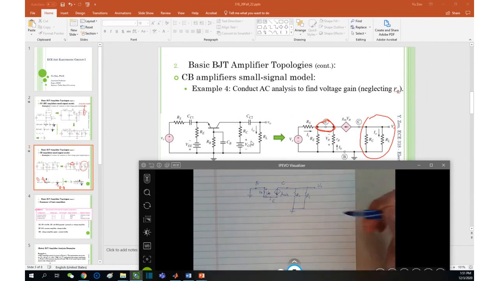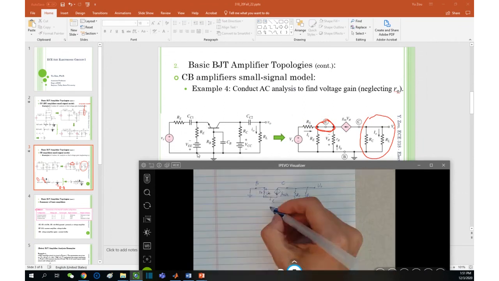And let's talk about the emitter. Emitter, according to here, connects to RE, right? First of all, connect to RE, and then the other terminal of RE is ground.